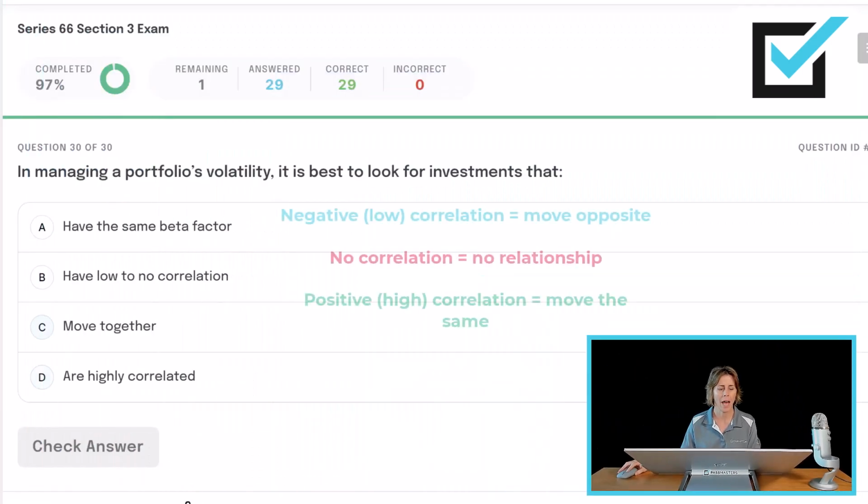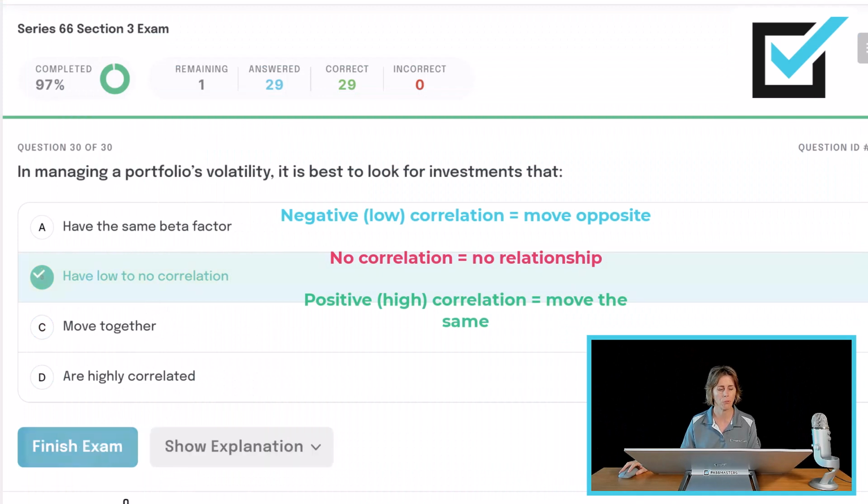Or do you want them to move the opposite of each other? That would be a negative correlation or no correlation. That would help to manage a portfolio's volatility. So negative 1 would be the opposite of each other. So if a stock's up 10%, then the other stock's down 10%. No correlation just means that there's no relationship that you can track.